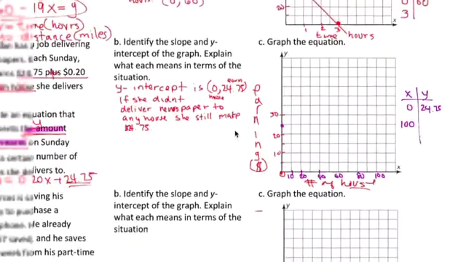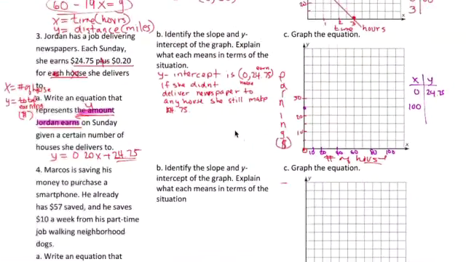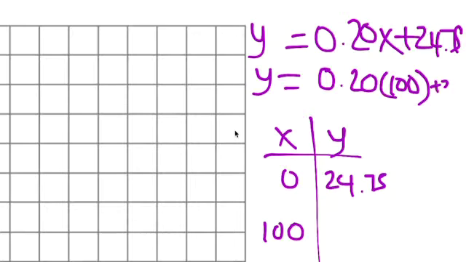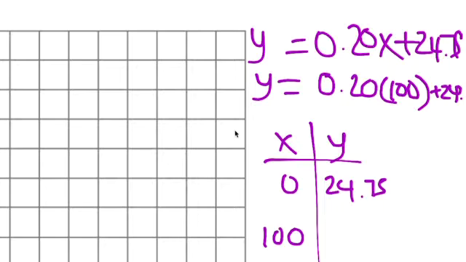So our equation is y equals 20 cents times the number of homes plus $24.75. Okay, so y equals 0.20 times 100 makes it 20 plus $24.75.